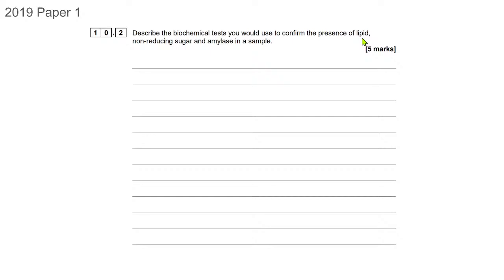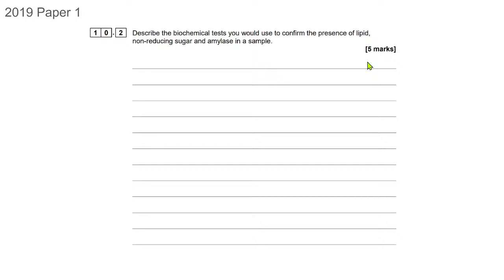And then we have to get a new sample, boil it in acid, then neutralize that acid, and then do your Benedict's test again, so heat it in the water bath. So the last one is amylase. This is to catch people out, to understand that amylase is an enzyme that will break down starch. We'll talk about this when we talk about digestion and all that.